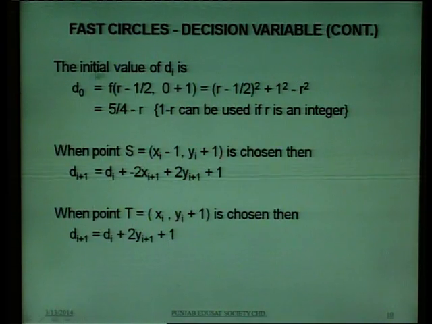So, the initial value of di is d0, that is (r minus half) square plus 1 square minus r square. Then it is equal to 5 by 4 minus r, that is 1 minus r can be used if r is an integer.